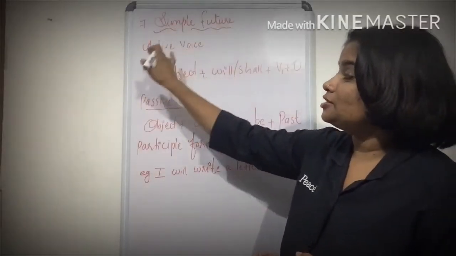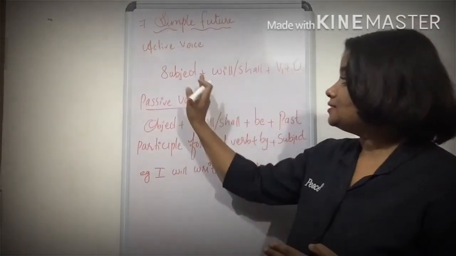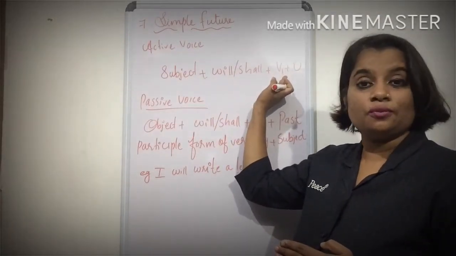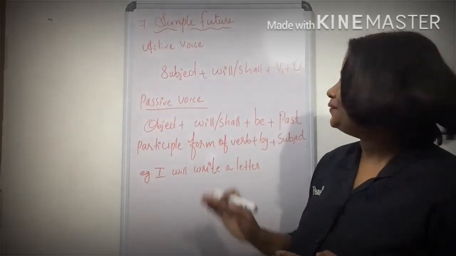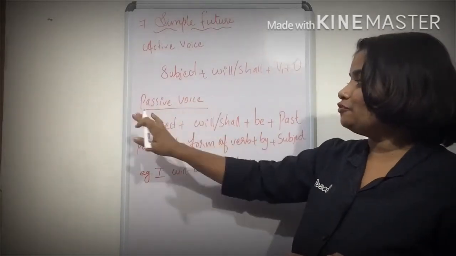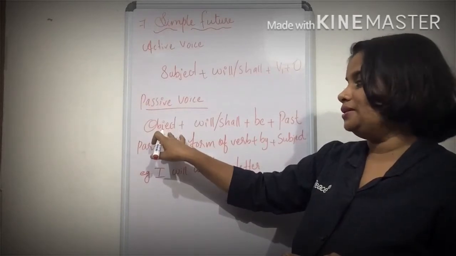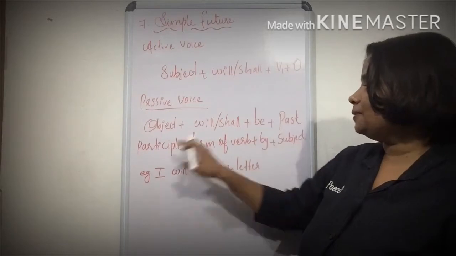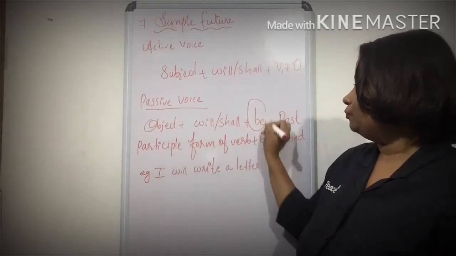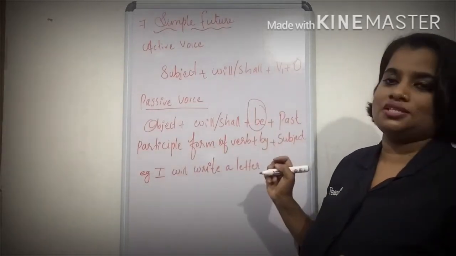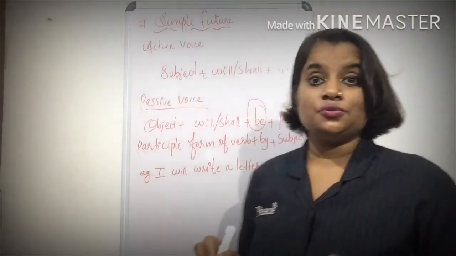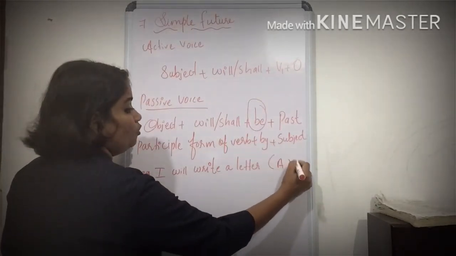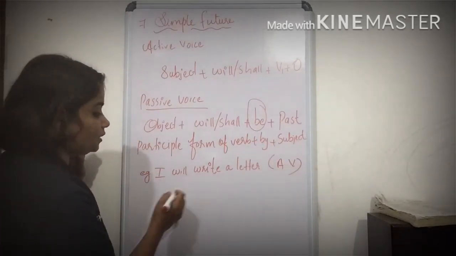Simple future. Simple future active voice structure is subject plus will or shall plus verb 1, means first form of the verb, plus object. Okay, so in the case of passive voice, object comes at the beginning. Object plus will or shall plus be plus past participle form of verb plus by plus subject. Okay, so let's try to transform the statement into passive voice. This is the case of active voice. I will write a letter.